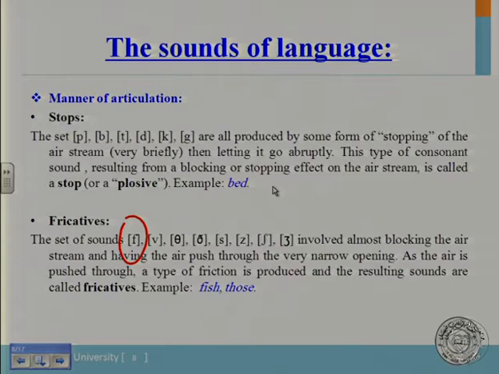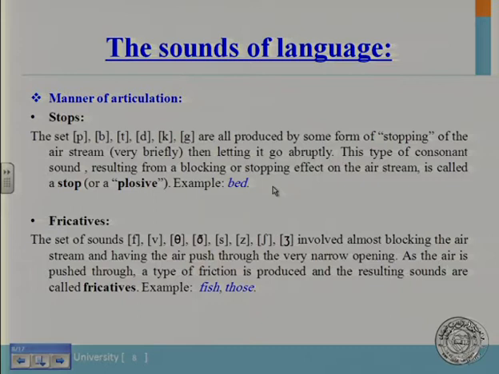And here we have these two: sh, voiceless, and zh, voiced. As the air is pushed through, there is a type of friction. You can feel that there is friction in the narrow passage, and the resulting sounds are called fricatives.